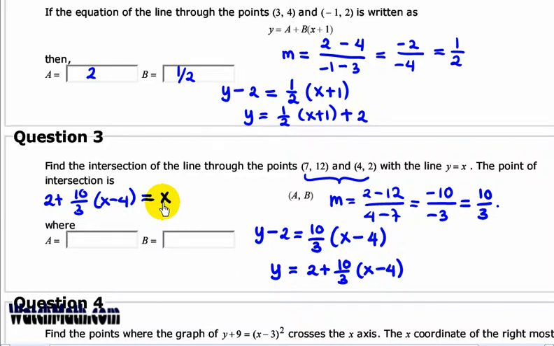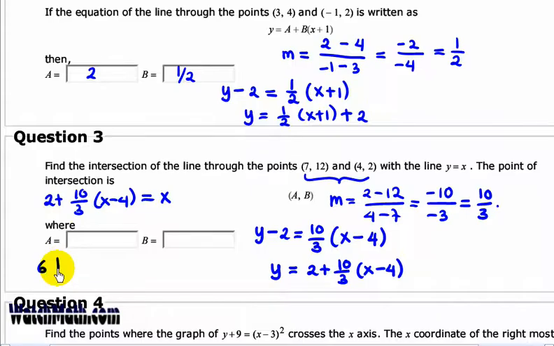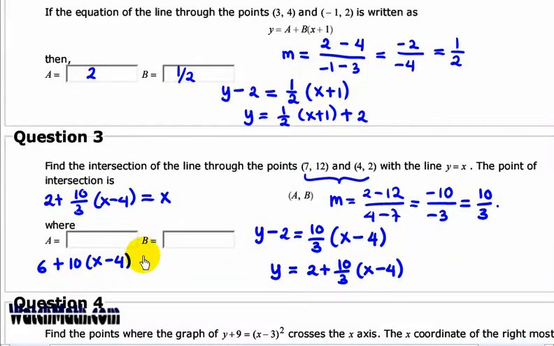So now what we need to do is just solve for x. We can multiply both sides by 3 to get 6 plus 10 times (x minus 4) is equal to 3x.